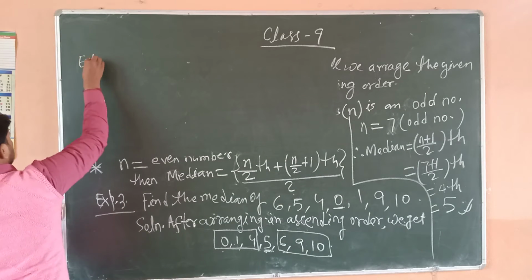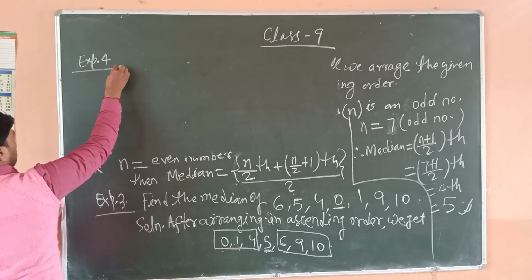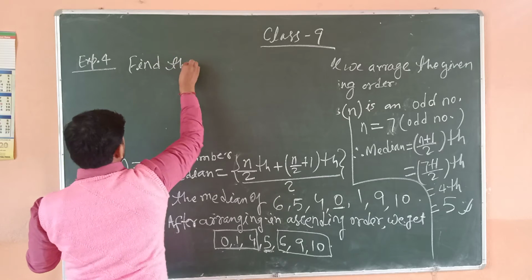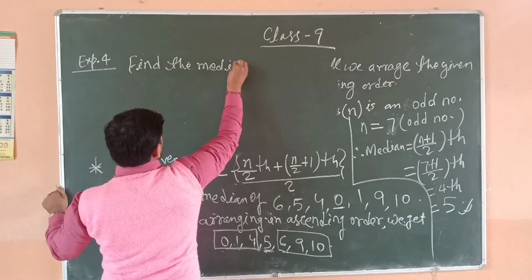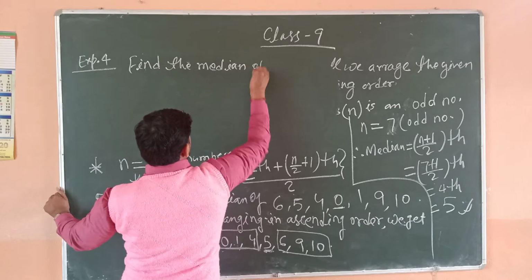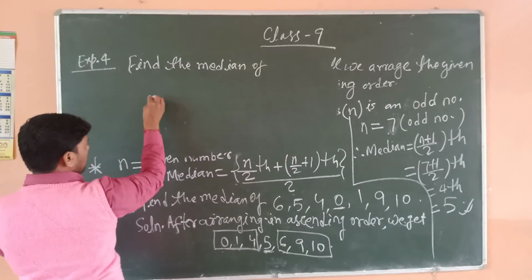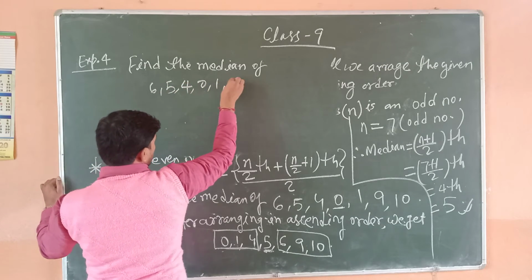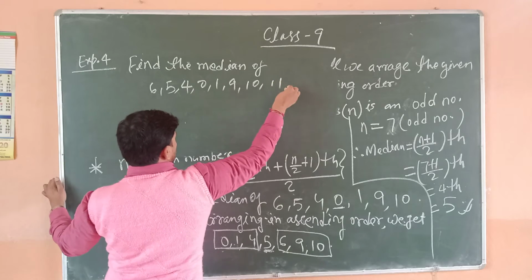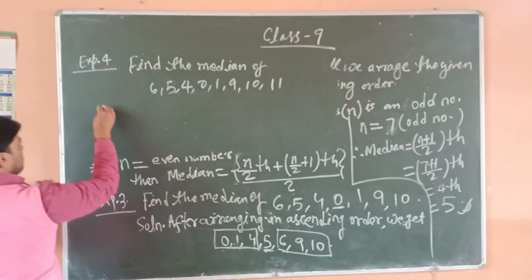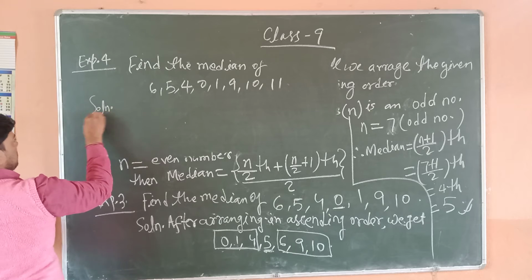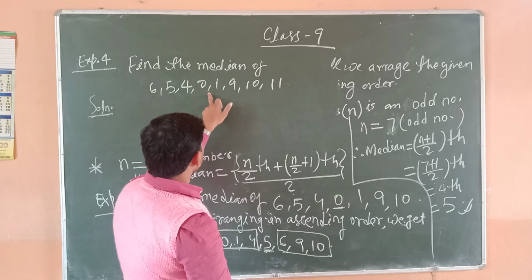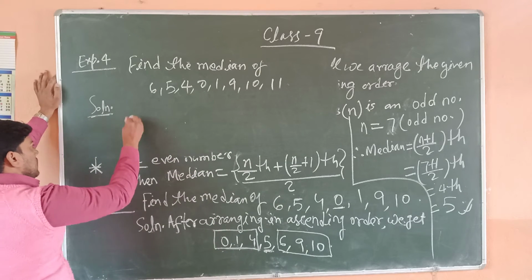Example number 4. Find the median of 6, 5, 4, 0, 1, 9, 10 and 11.